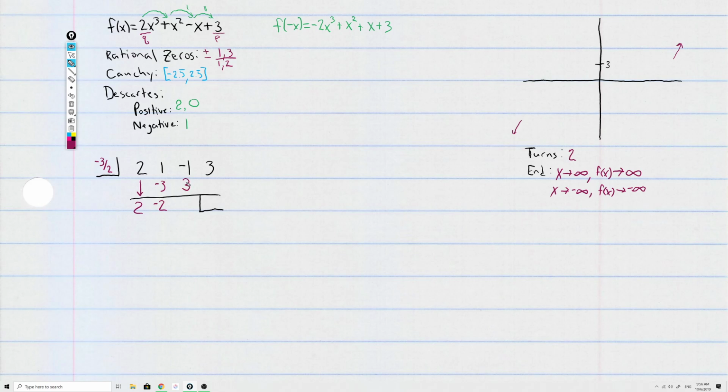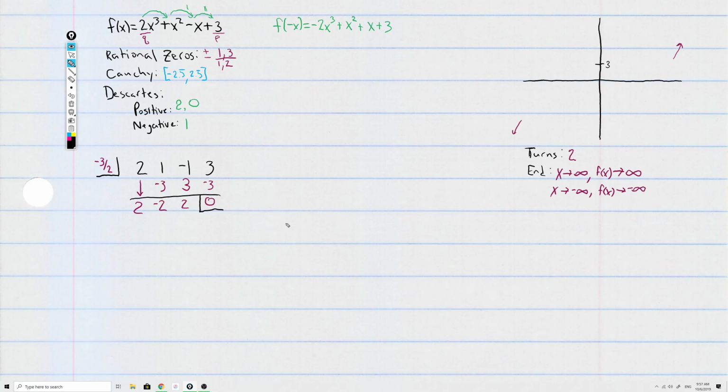Now we add these 2 terms. 3 minus 1 is 2. 2 times -3/2 is -3, which gives us a remainder of 0. Now I knew that was going to happen. I kind of cheated and did it before. But like I said, worst case scenario, you just have a few options to try.